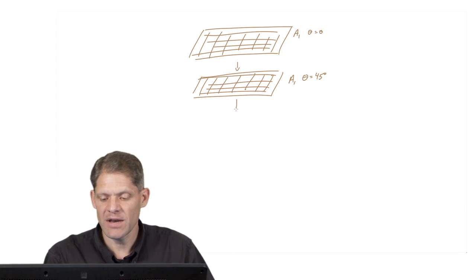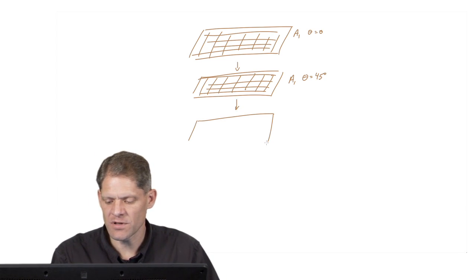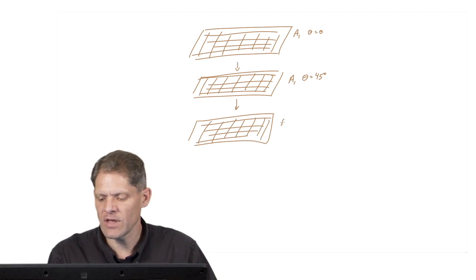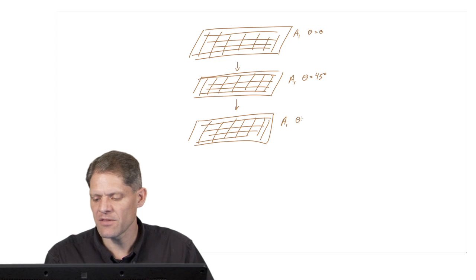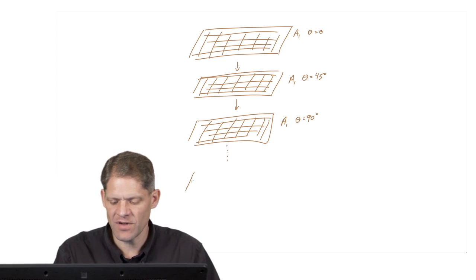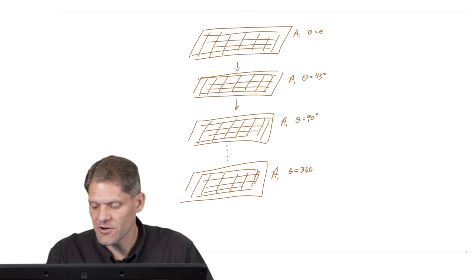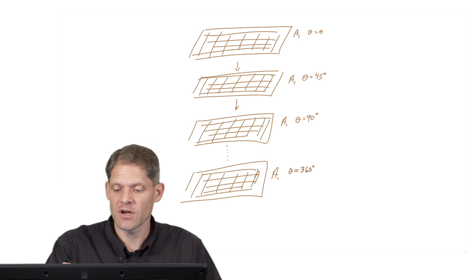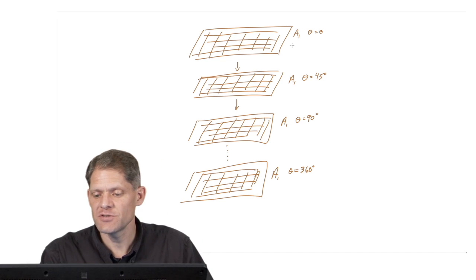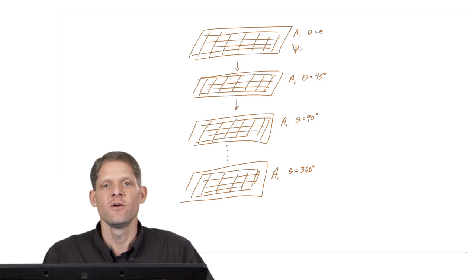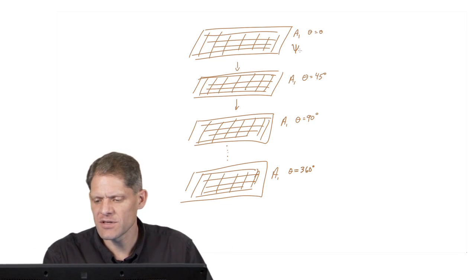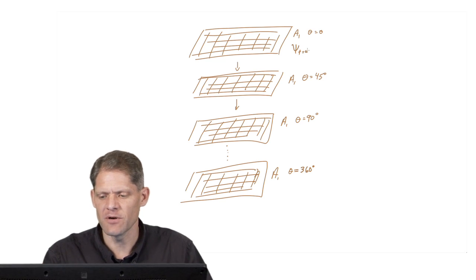At some time later, again, the phase will advance. It's still a plane wave of equal amplitude everywhere, but now the phase may have advanced to, say, 90 degrees, etc., until the phase equals a final 360 degrees, at which point the wave is the same as it was originally. Now let's introduce the symbol psi, which is commonly used to represent a wave function, and let's call this psi at t equals 0.